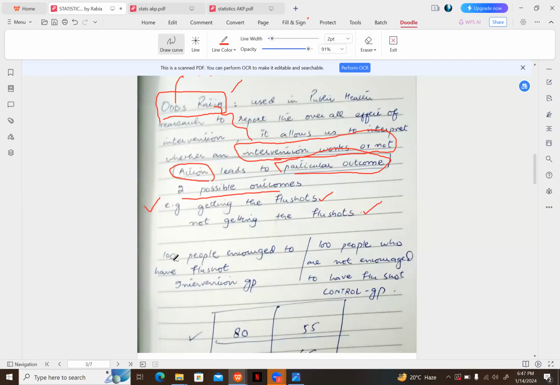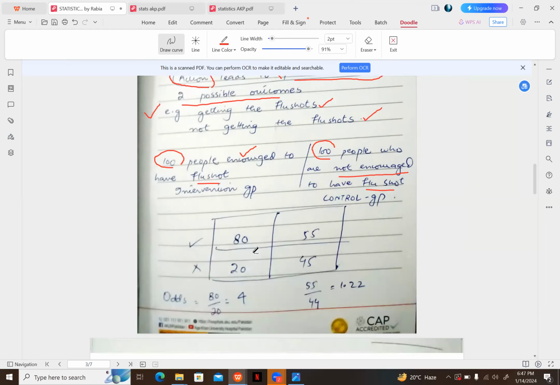So I have taken 100 people in one group and 100 people in another group, and I have used encouragement to get the flu shot in one group, and another group is not encouraged to get the flu shots. Here, of the 100 people who are encouraged, 80 got their vaccine and 20 didn't get their vaccine.